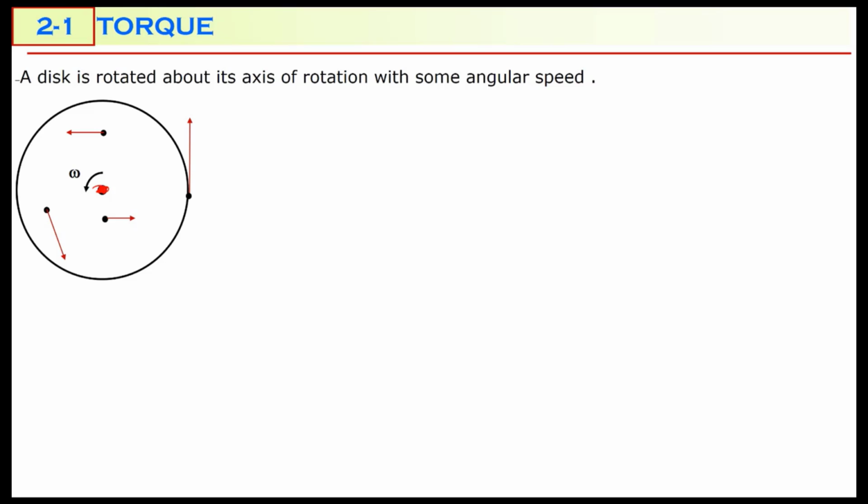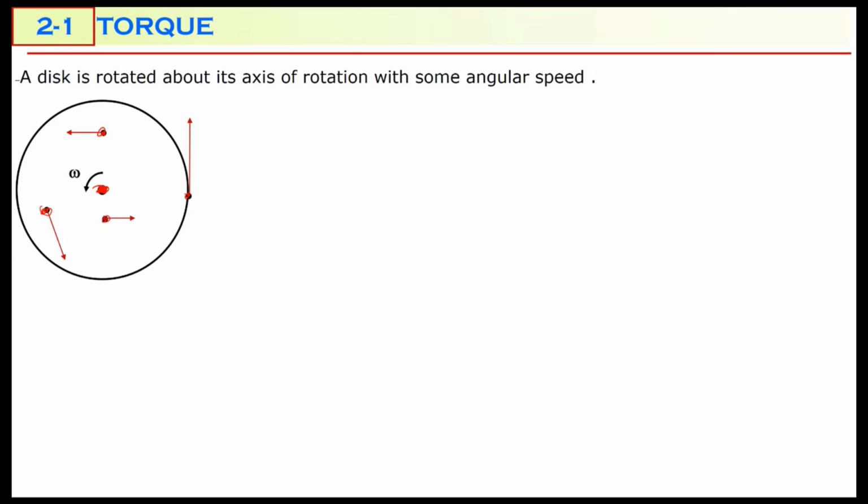As this is rotating, I choose different points on this disk. One point in here, another point in here, another point in here. You can choose hundreds of points, billions of points, but every point in here is moving in different directions, correct or not? According to tangential speed, yes. Every point on this object is moving in different directions. Even they have different speeds.